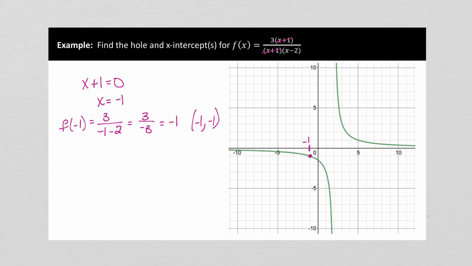And then it asked us to find the x-intercepts. So to do that, we will set the function equal to 0.